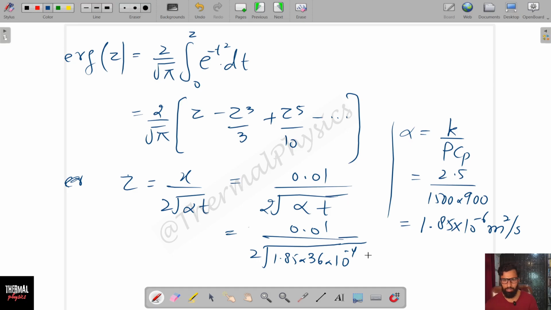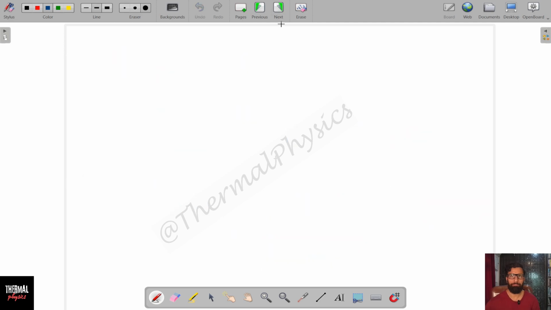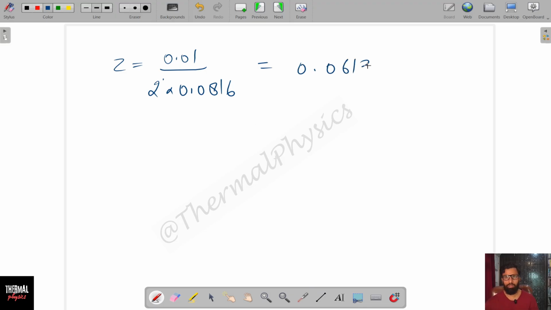What we are getting here is 0.0816. So 0.01 divided by 2 divided by 0.0816, what we are getting is the value 0.0613.